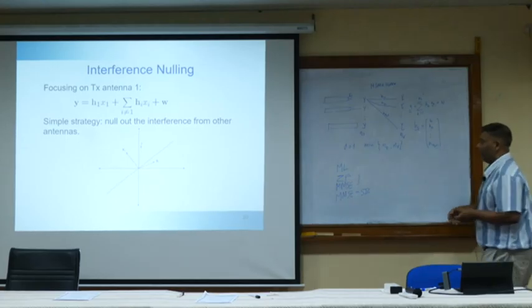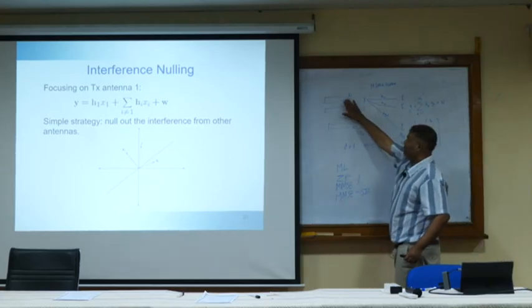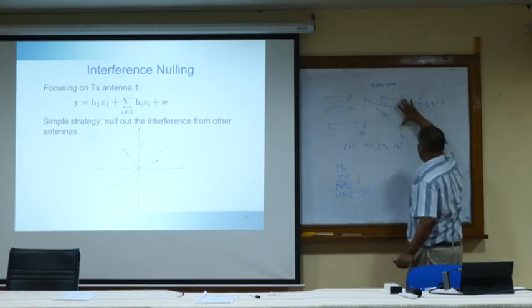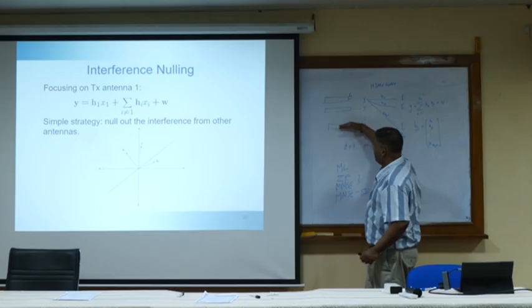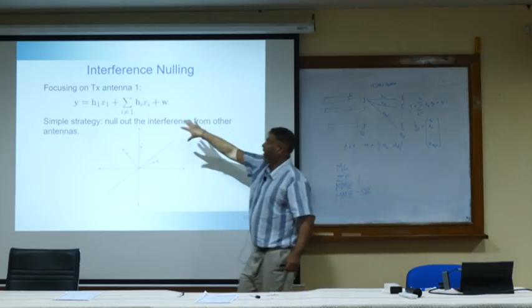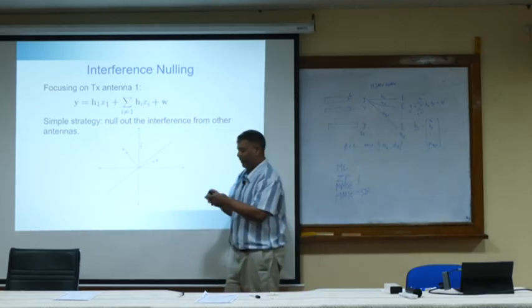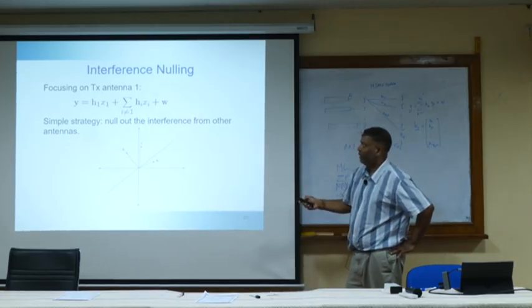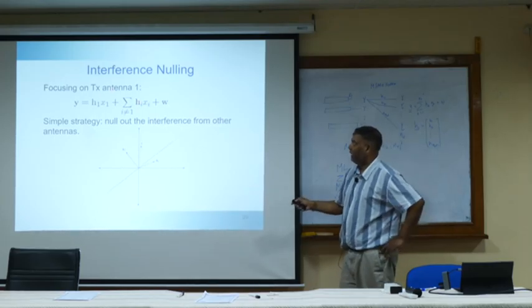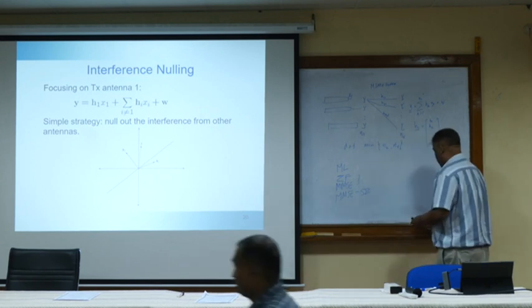So when you decode this signal, all other signals will interfere. All other remaining signals, from this stream up to the NR stream, are denoted here. These are interference. We are going to estimate only X1, but these are interference plus noise. So this is the same equation as before.